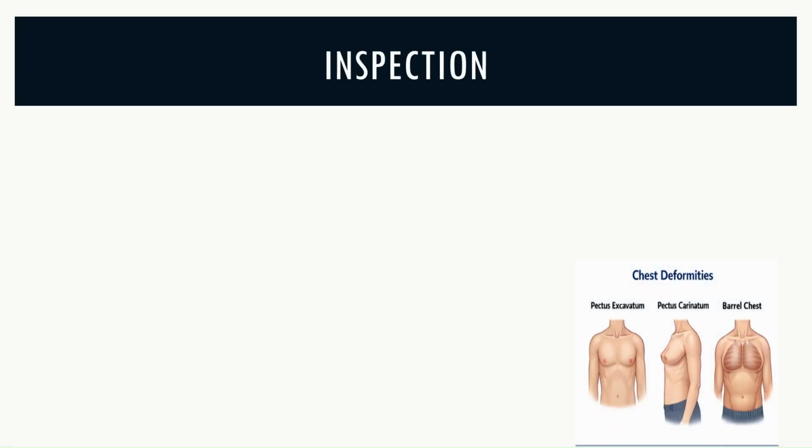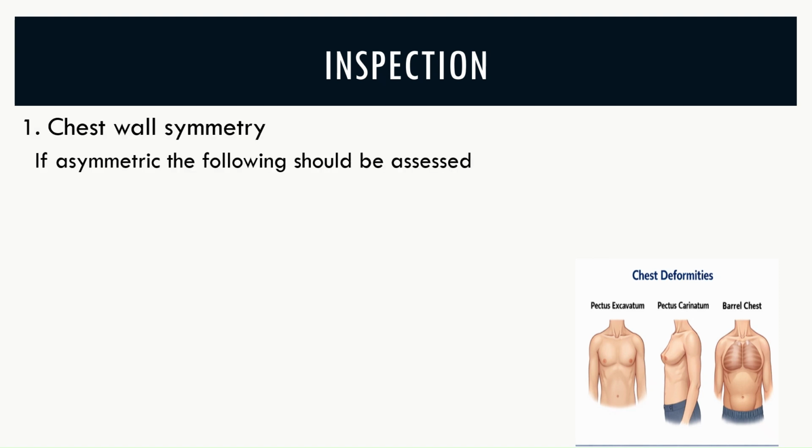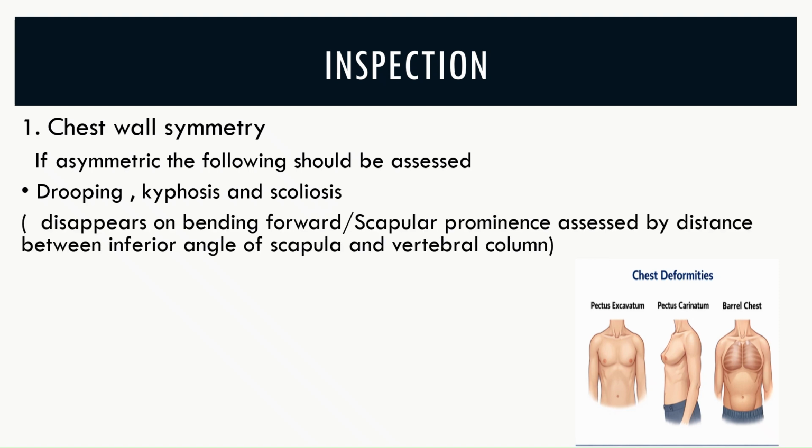Respiratory system proper. First, inspection. Inspection of respiratory system begins with assessment of chest wall symmetry. If chest wall is asymmetric, several abnormalities should be looked for. Drooping of shoulder or spinal deformities such as kyphosis and scoliosis should be assessed.